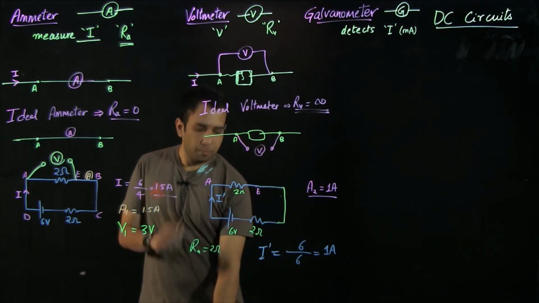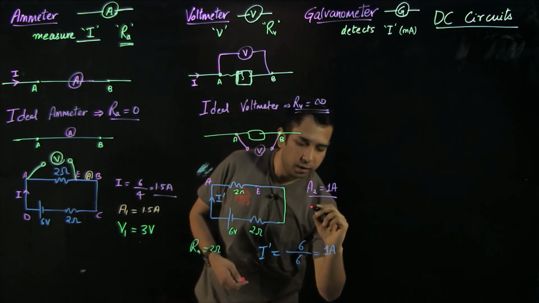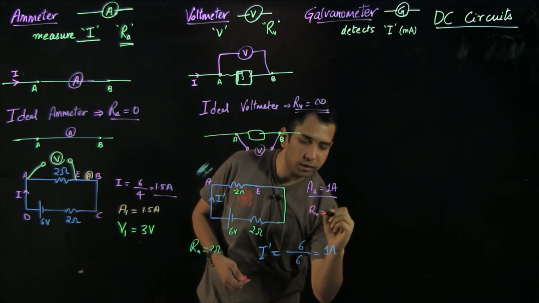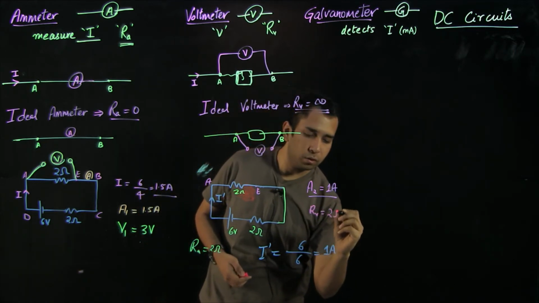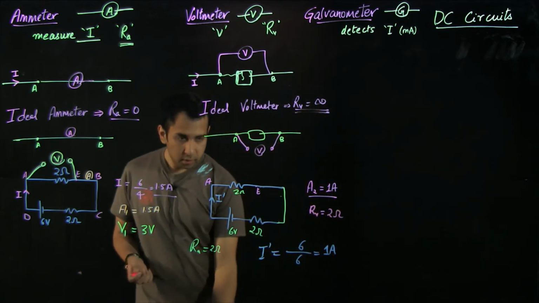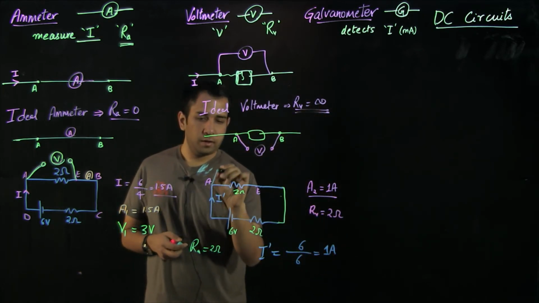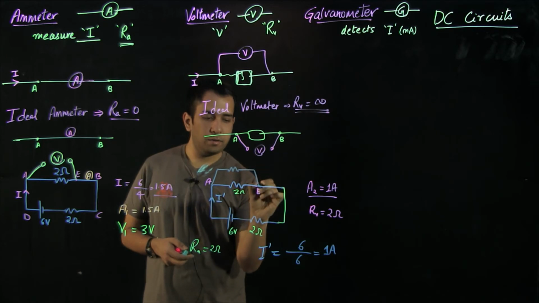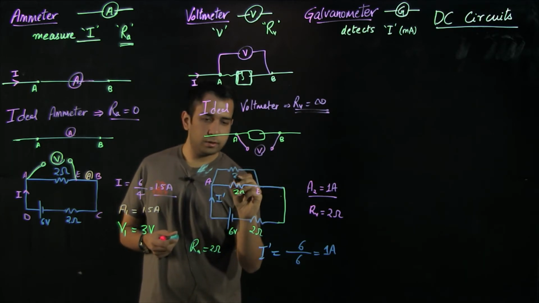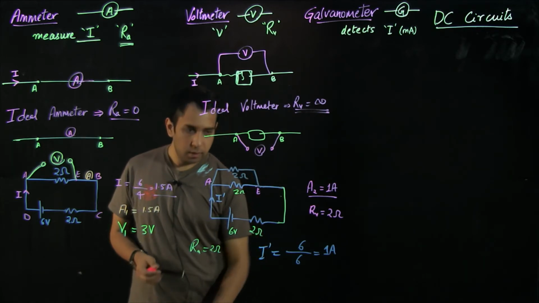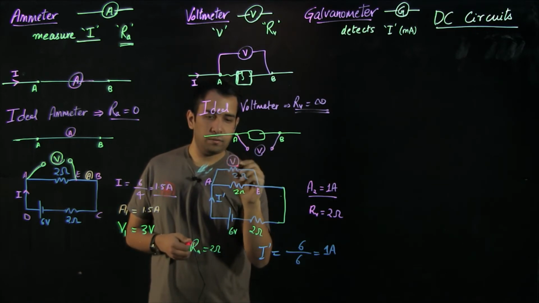So now it's been given that RV, or the resistance of the voltmeter, is 2 ohms. So I'll be applying the voltmeter in parallel with points A and E. This is 2 ohms and this is V.